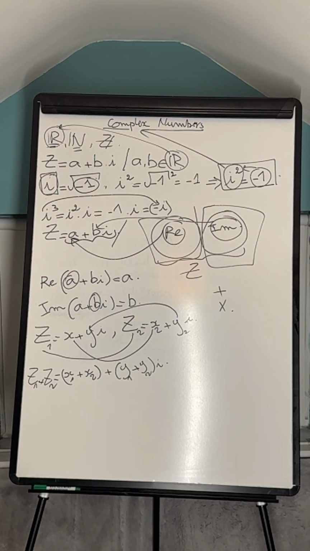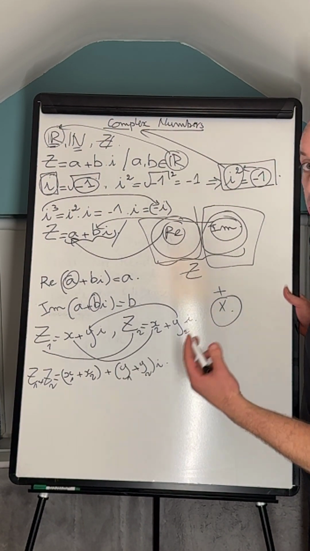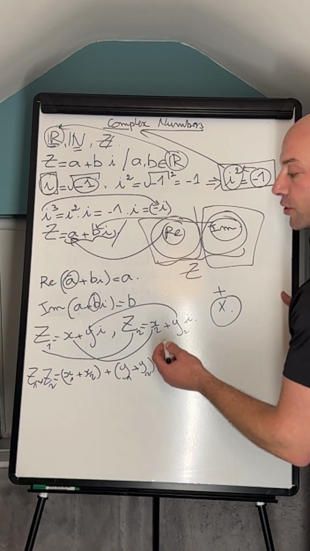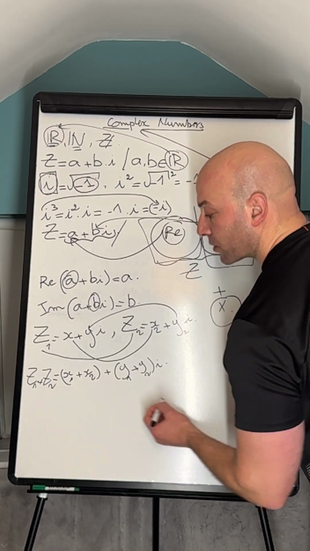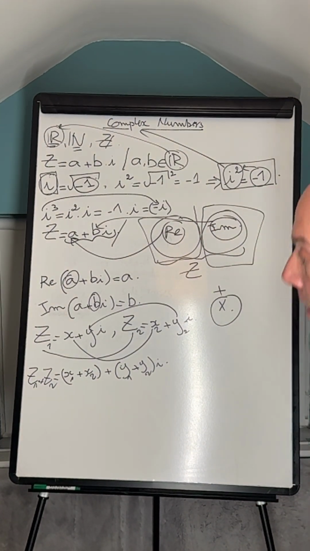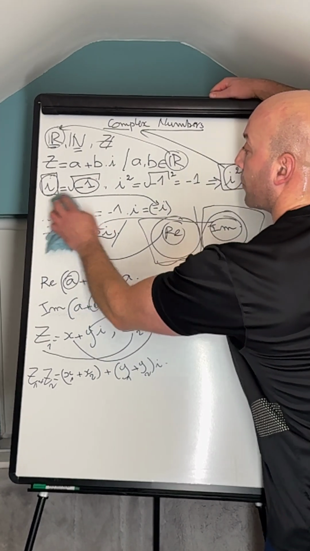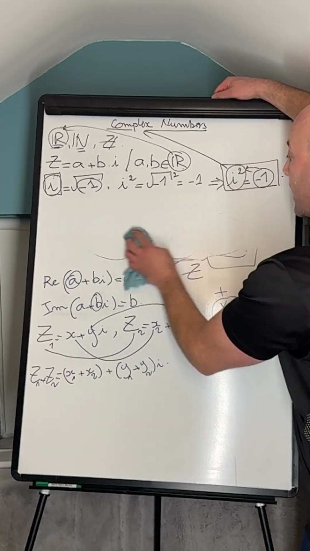But for the multiplication, it is quite simple and straightforward. Basically, we have to make a good distribution.